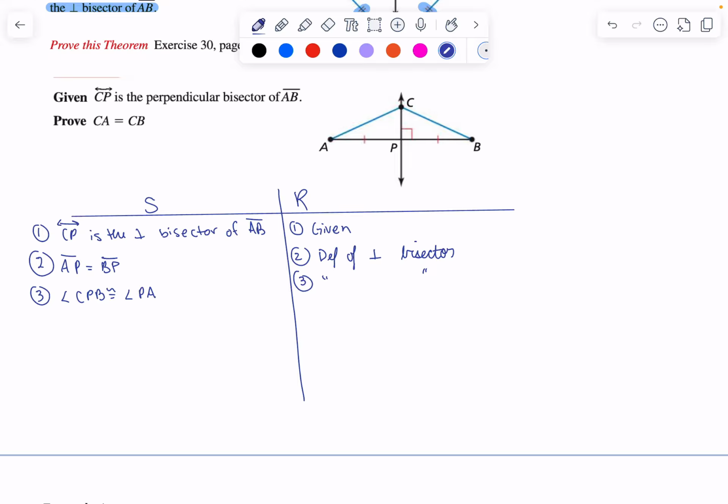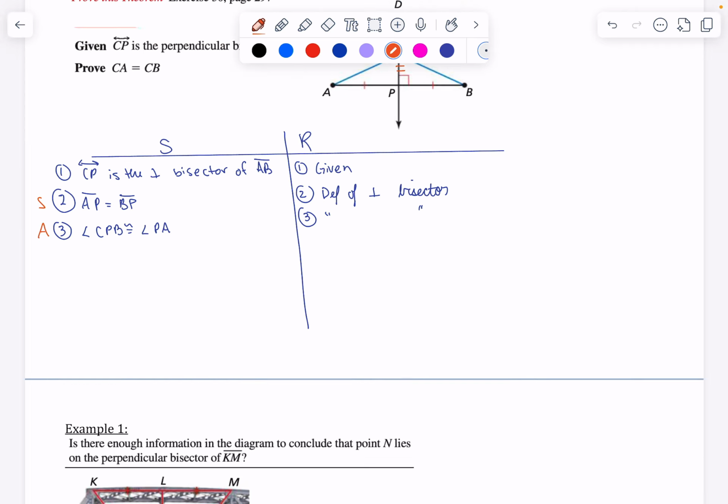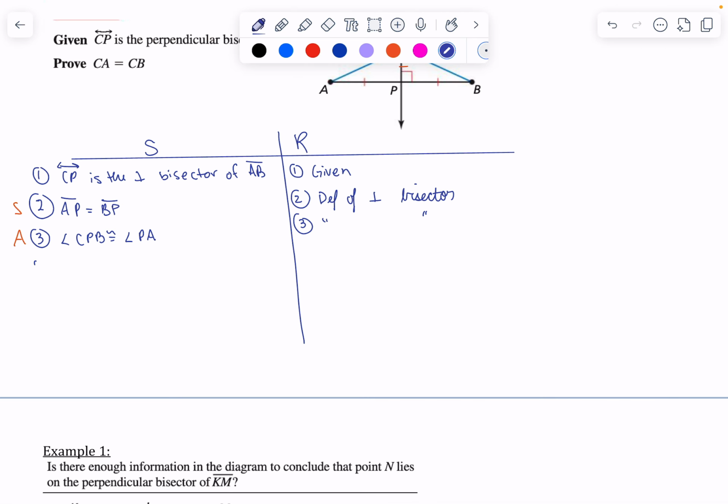Okay, so currently what I have is a pair of congruent sides, a pair of congruent angles. So I just need one more piece. And the last piece is going to be that CP is congruent to CP by reflexive property of equality. Okay, now I have enough information to say that the two triangles are congruent.